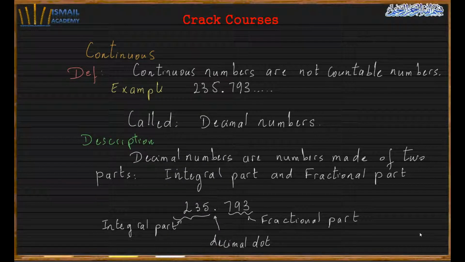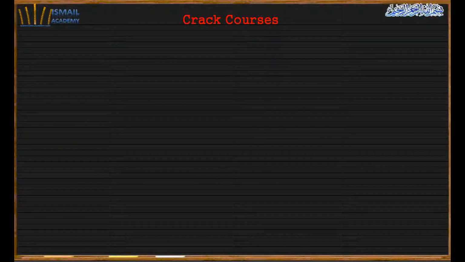After we talk about the two kinds of numbers, now let's talk about how to read a number. So keep in mind that any number is a mixture of distinct quantities.